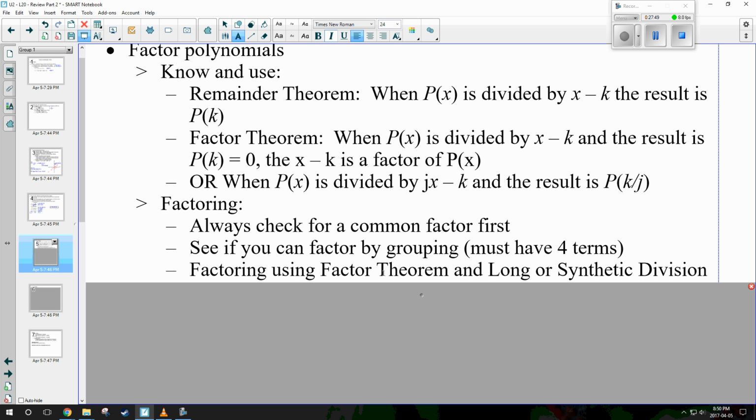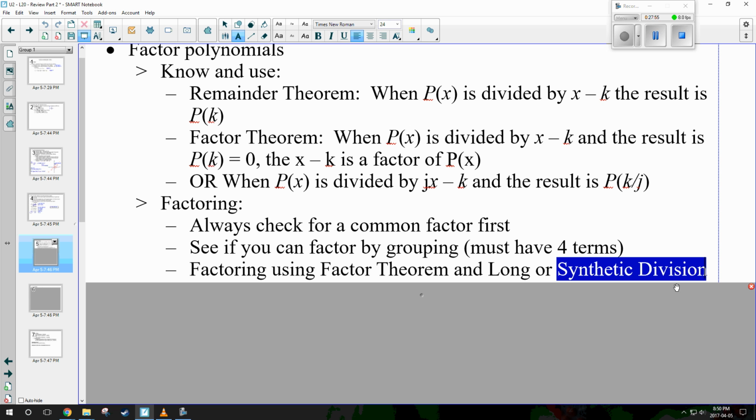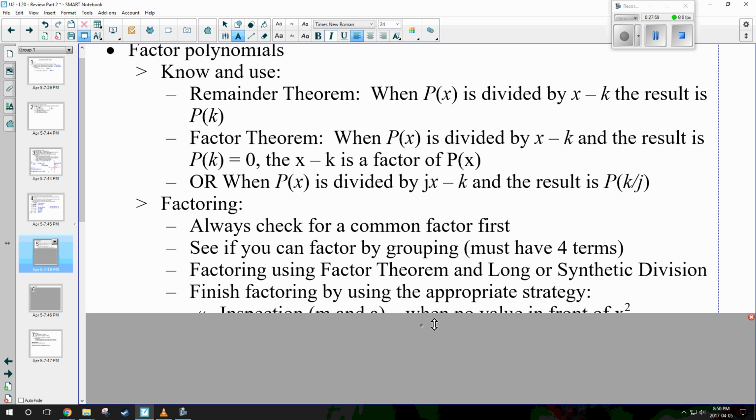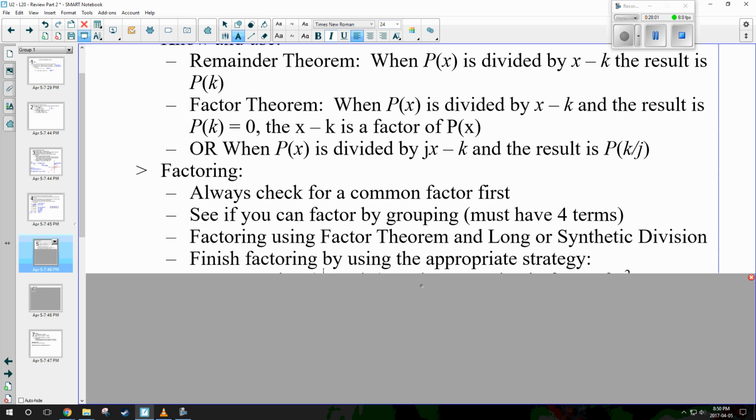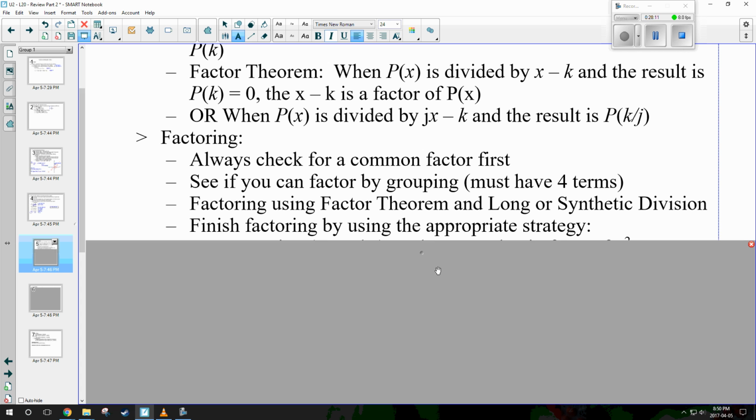If we get a remainder equal to 0, then we do our division with that number, and usually we use synthetic division because that's what works best in most cases. The last thing is usually once you've used the factor theorem once, you have to finish off factoring because you'll still have a bracket that's left over that has an x squared in it, and we just use the appropriate strategy to help us out with that.